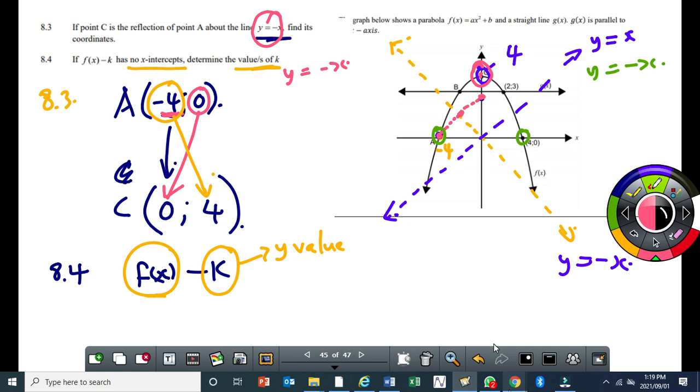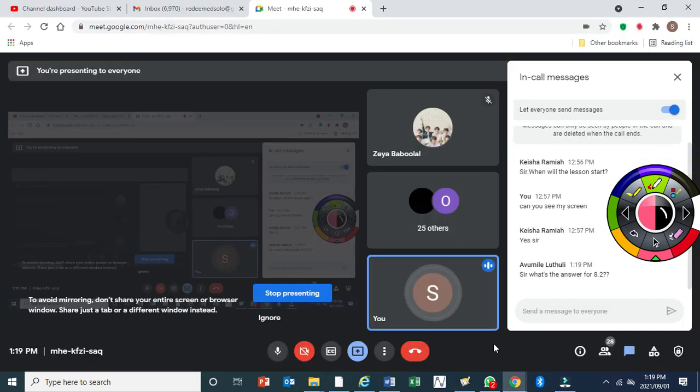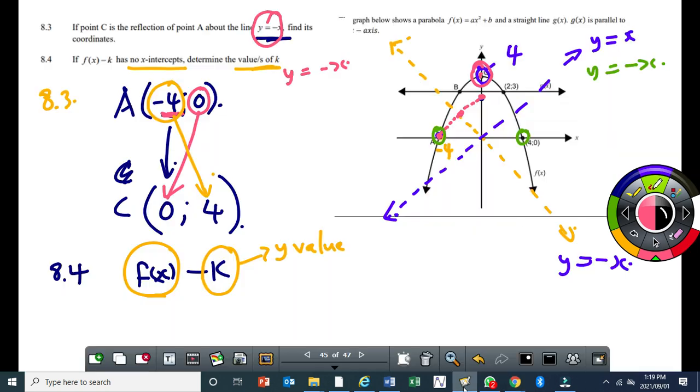Do you agree with me that if you want to make sure the graph of f of x doesn't have any x-intercepts, the only way is to move it down by a specific number of units?